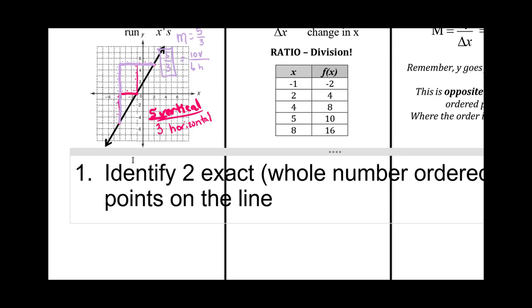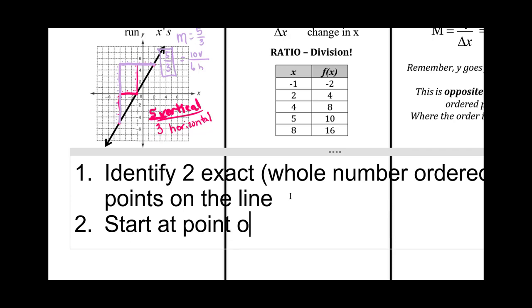Two exact points on the line that have whole number ordered pairs. Next, we started at the point on the left. That just helps me get the right things in the right places if I start on the left. Start at the point on the left.